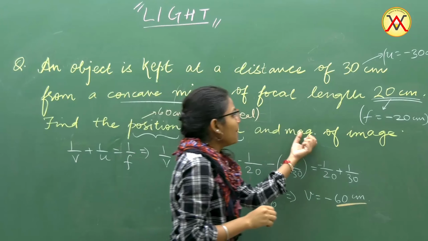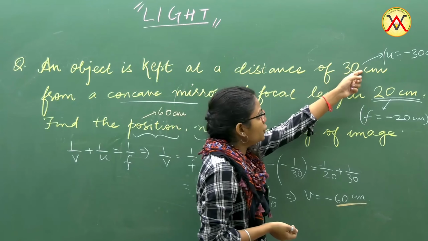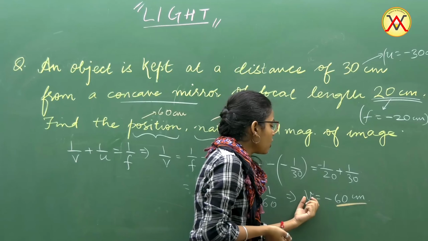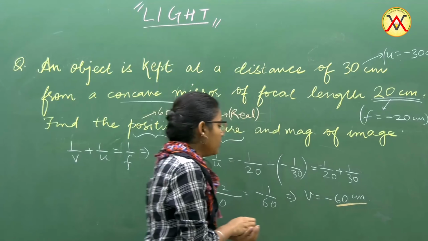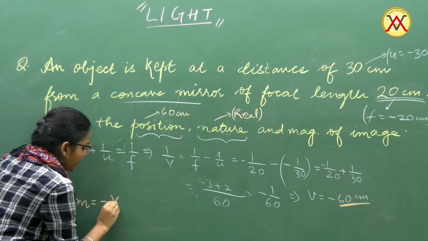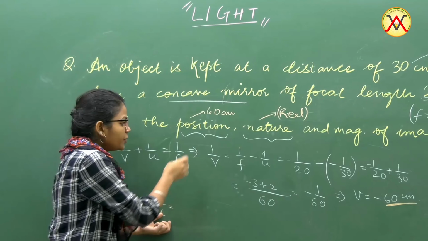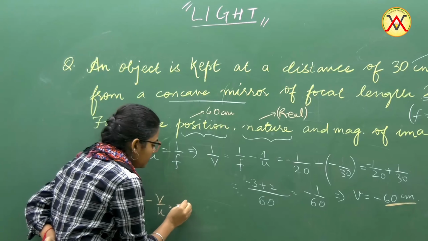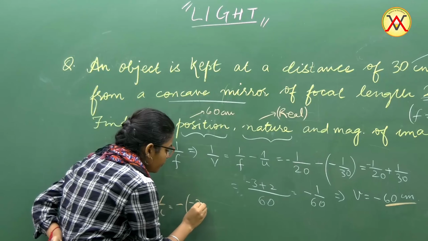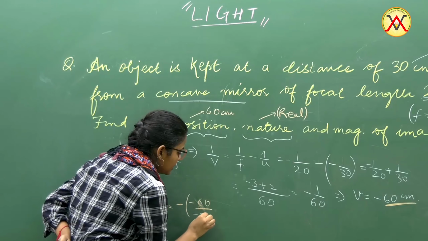Now, what about the magnification of the image? We already have u from the question, and we got v from the mirror formula. So, our magnification will be minus v by u. Here again, values are to be put according to the sign: minus of minus 60 upon minus 30.